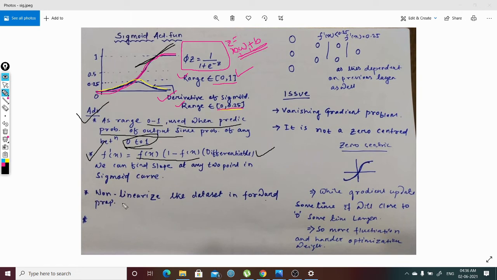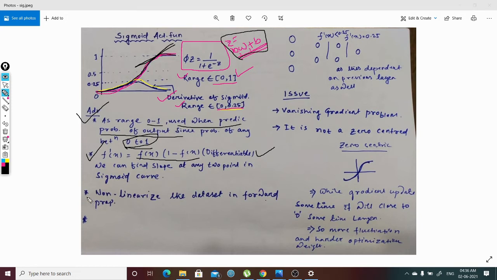And one usual advantage that we get is that it non-linearizes the data set in the forward propagation. During the forward propagation, we send this linear input to our activation function, and it provides this type of non-linear graph.